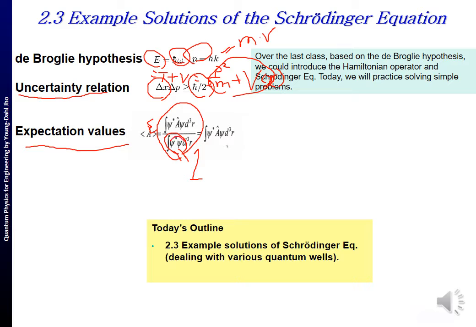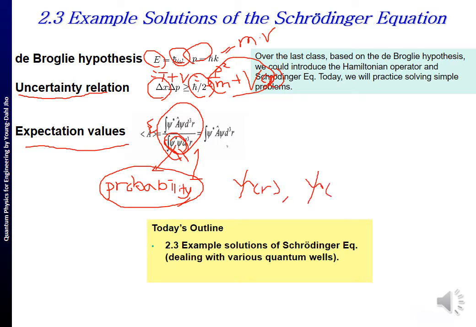And wave function squared is the concept of probability. More exactly, the probability to find a particle at certain position r, that is psi of r, or psi of x in the one-dimensional case.